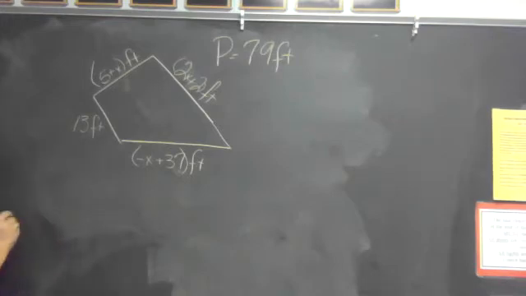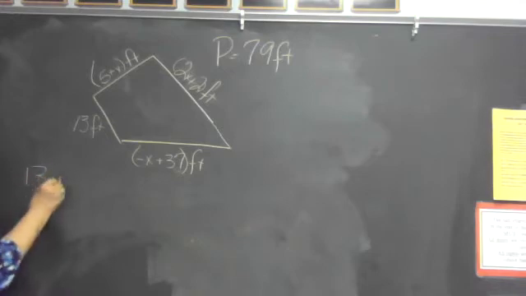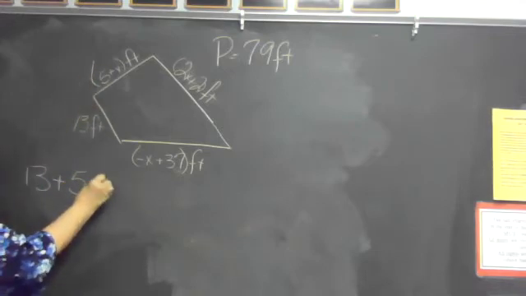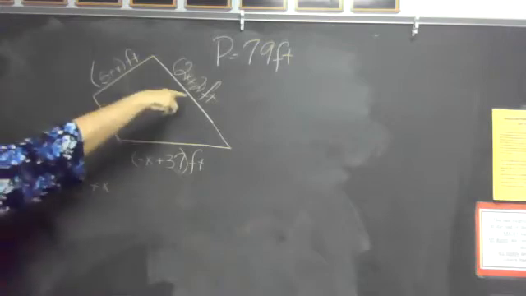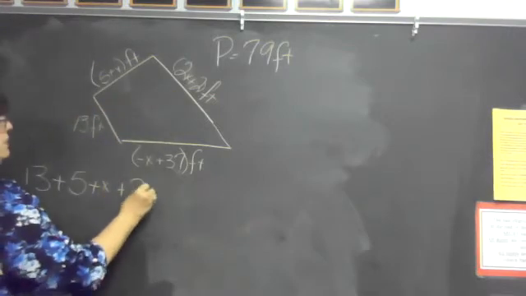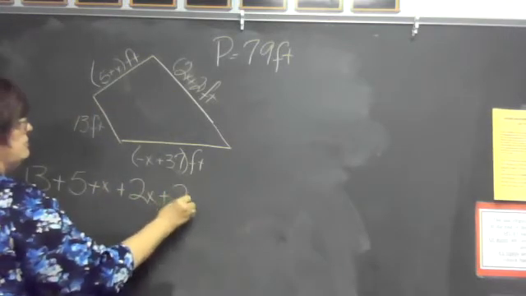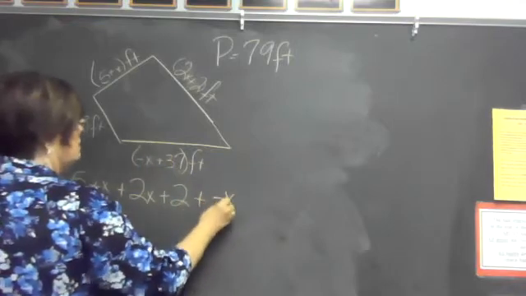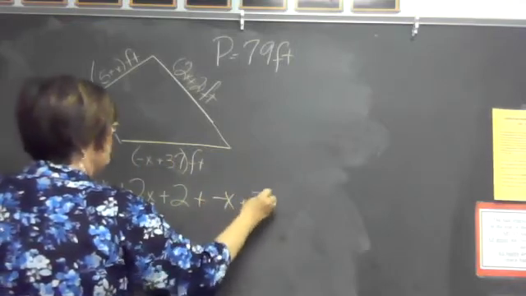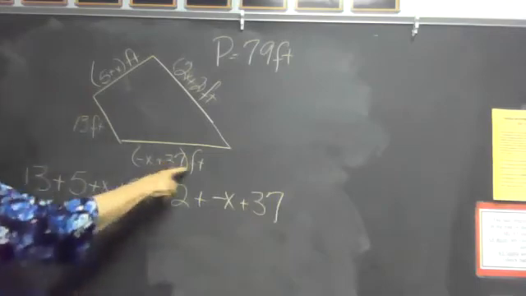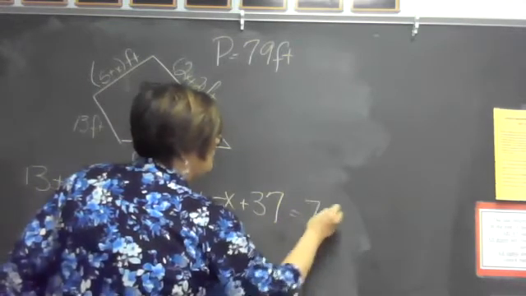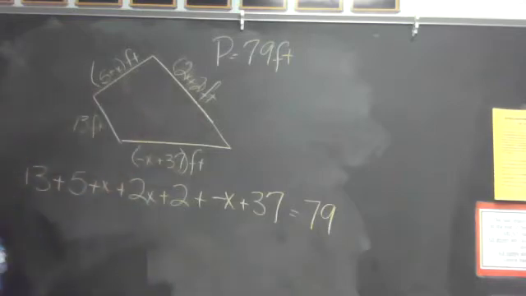Let's start with 13, plus 5 plus X, plus 2X plus 2, plus a -X plus 37, and I think I'm there because I've already done 13. 79 equals 79 because that's the perimeter.